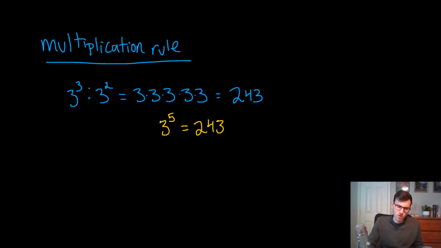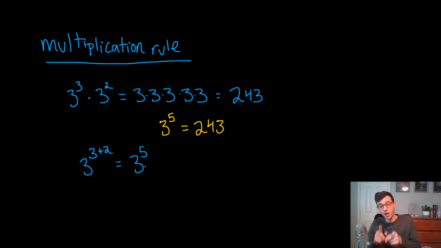So, do you notice something? 3 to the third times 3 to the second is 3 to the 5th. Well, maybe you notice that 3 plus 2 equals 5. So if I'm multiplying, all I have to do, as long as I have the same base, remember here the base would be 3, then I add my exponents.